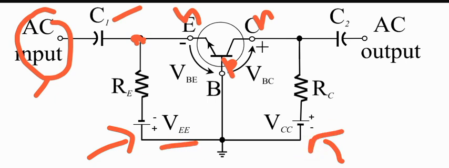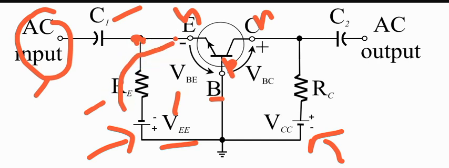This first voltage source is called VEE. We see the positive is connected to the base and the negative of it is connected to the emitter through this resistor RE. The base is a P type of semiconductor to which the positive of the battery is connected, and the emitter is an N type of semiconductor to which the negative of this VEE source is connected. So through this resistor the negative comes here.